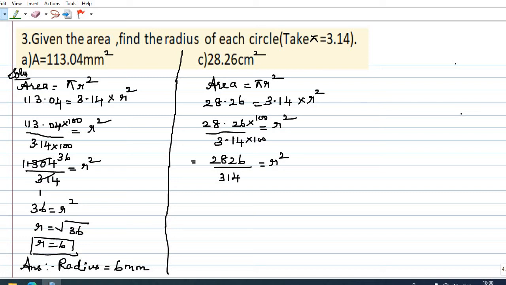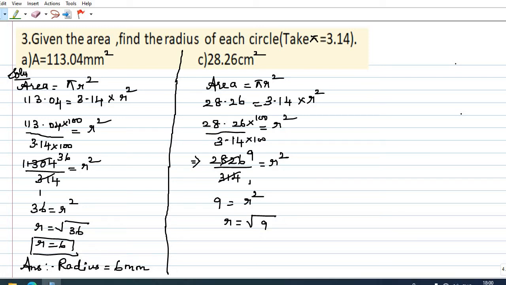So 314 ones are 314, and 9 nines are 81, okay, so 9 is equal to r square. So r is equal to square root of 9, because I am only going to find out the radius, so no need of r square.